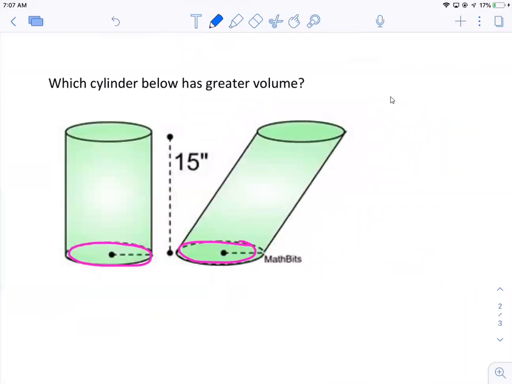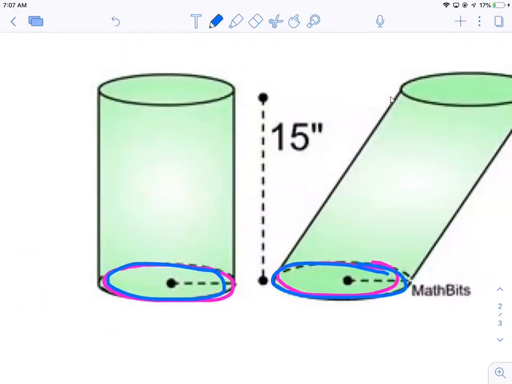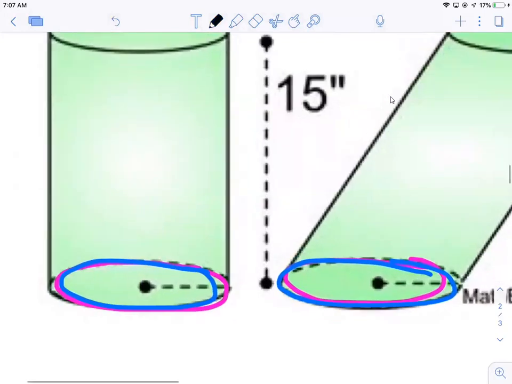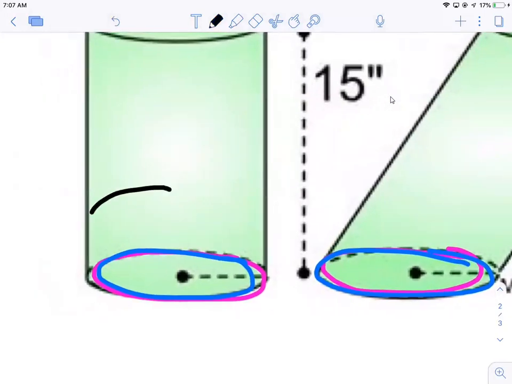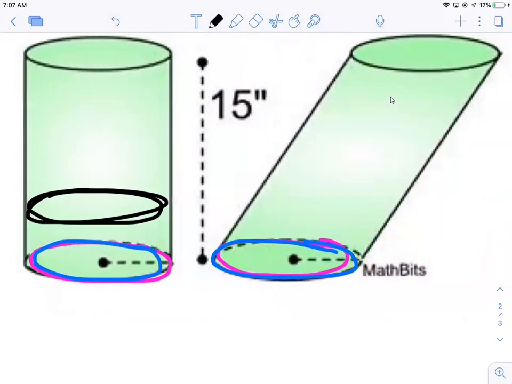So same thing here. I have that area, and let's say I cut this cylinder. I get something called a cross section. So let's say the cross-sectional area over here is that circle. Well, wouldn't this have the same cross-sectional area? Right? I'm stacking up the same areas.